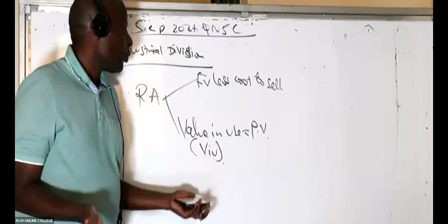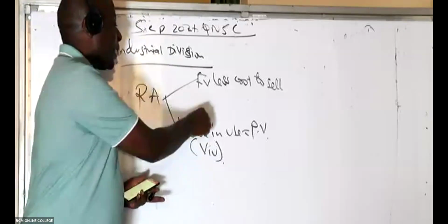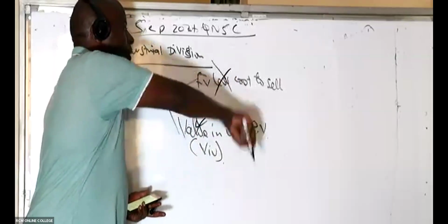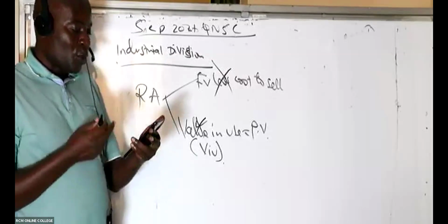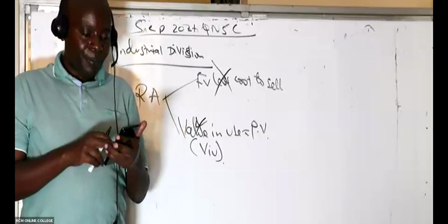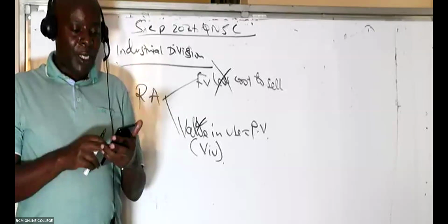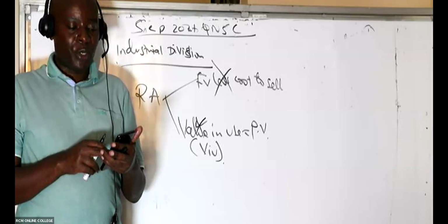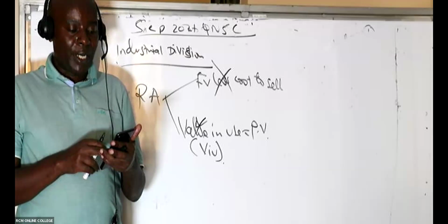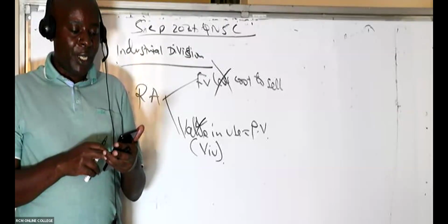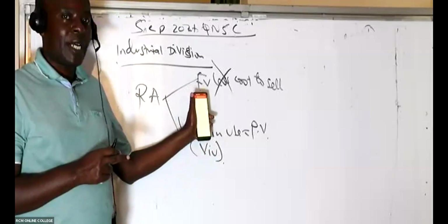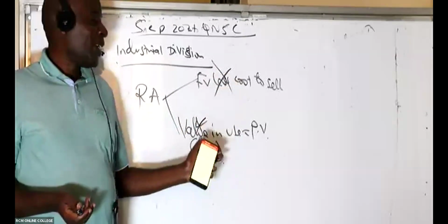We know that we shall only get this one. We've been told fair value less cost is not possible. Actually, in the last paragraph before the table for the industrial division, they told us that in relation to the recoverable value of the division, it has not been possible to establish the net selling price for either division. And net selling price is the same as fair value.